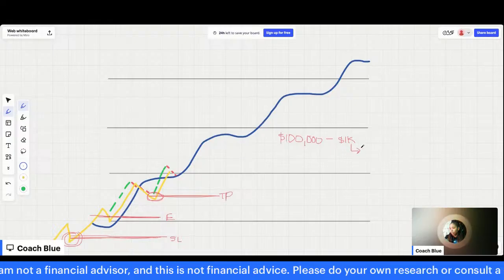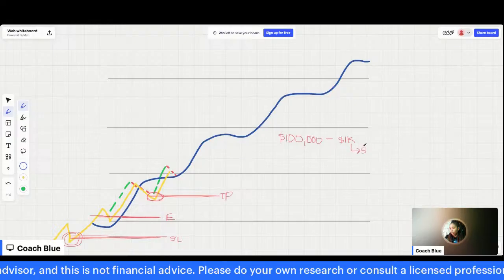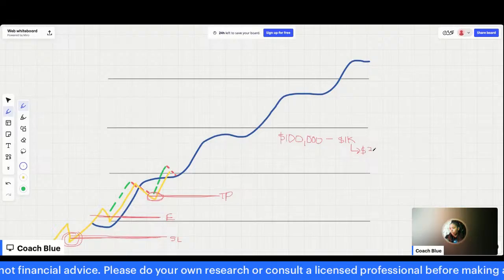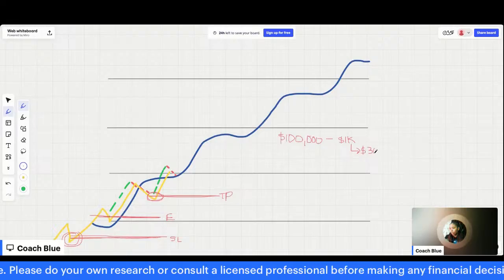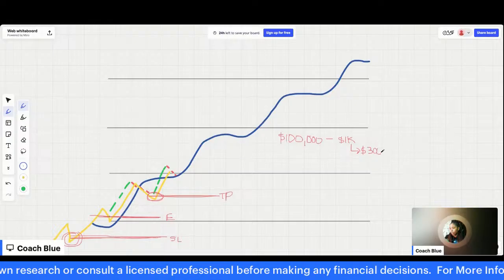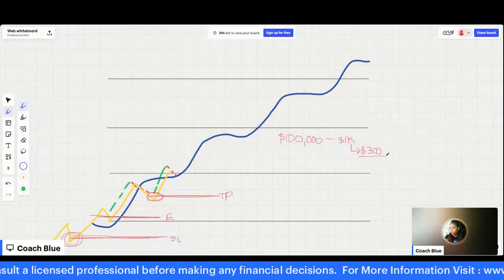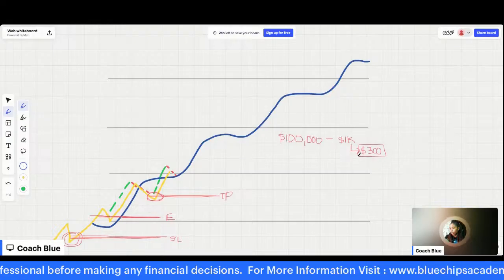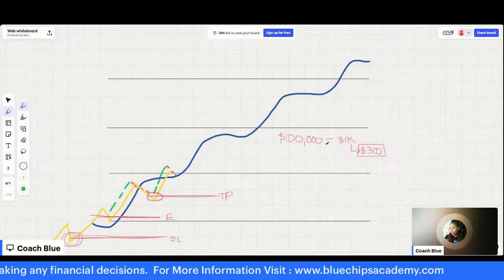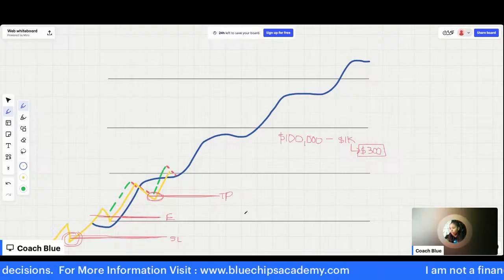So we'll just say $300 to play it safe. Okay, because we don't want to be right on it. We want to get a little bit of cushion, right? So let's just say $300. So your maximum risk on your trade when you have that $100,000 account is $300.